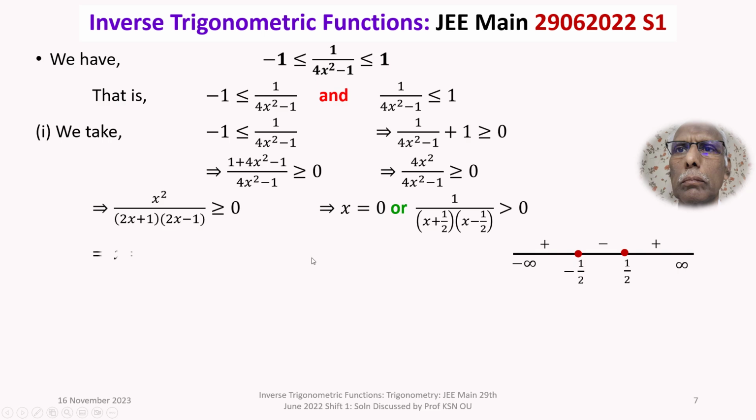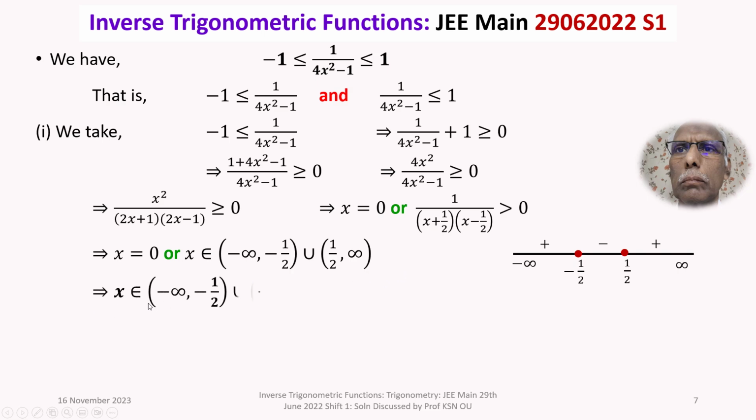So this will imply x is equal to 0 or x belongs to this one, positive sign, minus infinity to minus 1 by 2 open interval, union, and you leave this, and the open interval 1 by 2 to infinity. That means write it in set theory notation as a union.